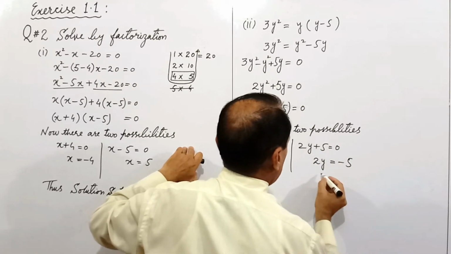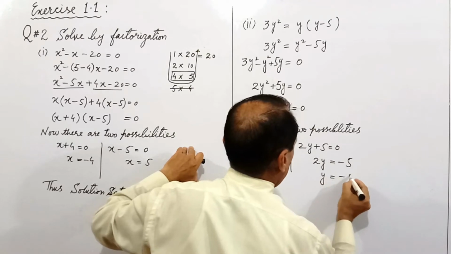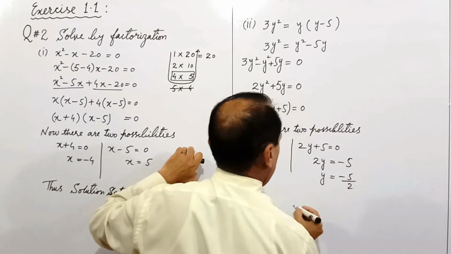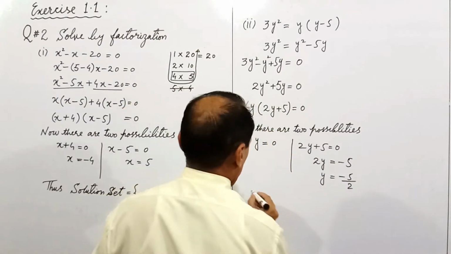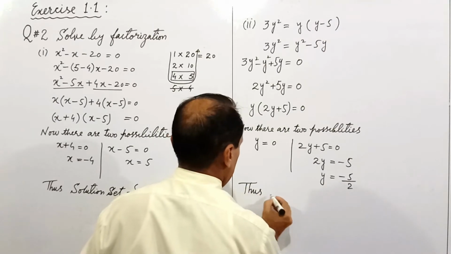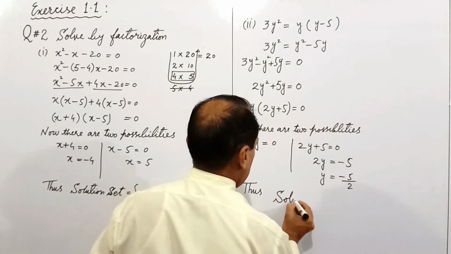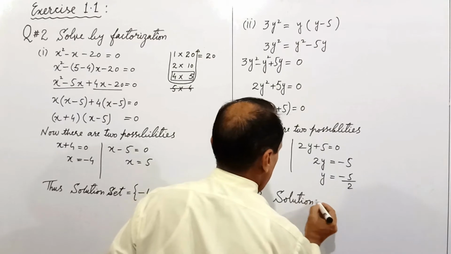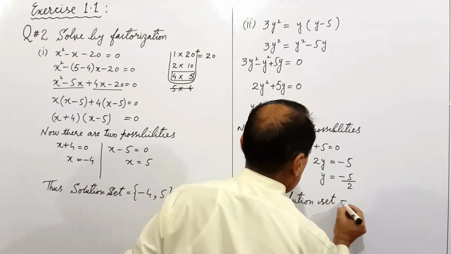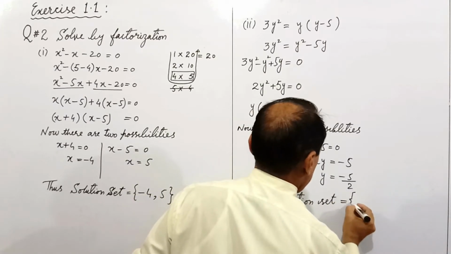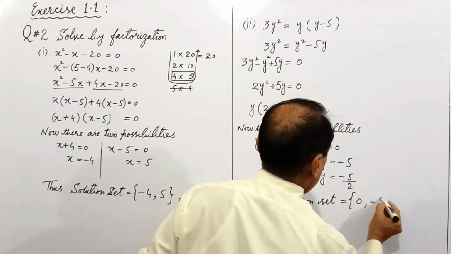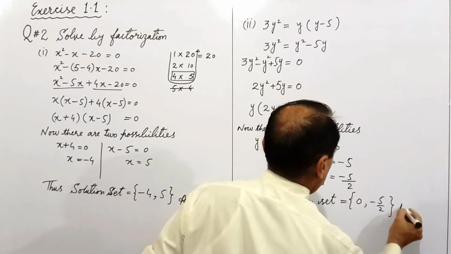When 2 is taken to the right hand side, it will become the denominator and y is equal to minus 5 by 2. Thus, the solution set is equal to 0 and minus 5 by 2.